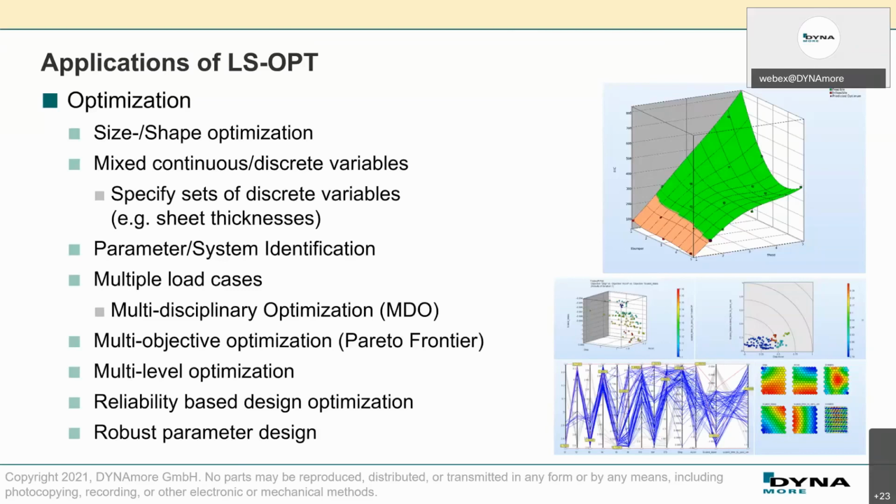And it's also possible to directly incorporate uncertainties of parameters in LSOpt. So it's like a combination of optimization and robustness analysis, which is reliability-based design optimization or robust parameter design.